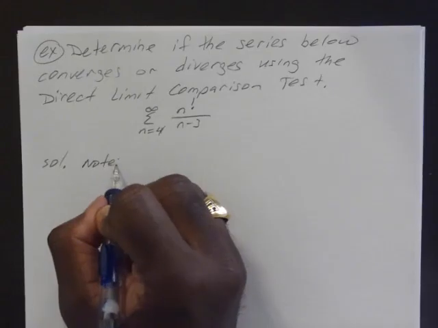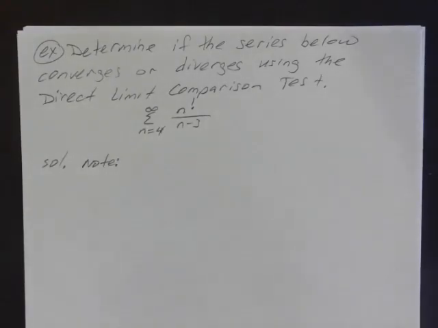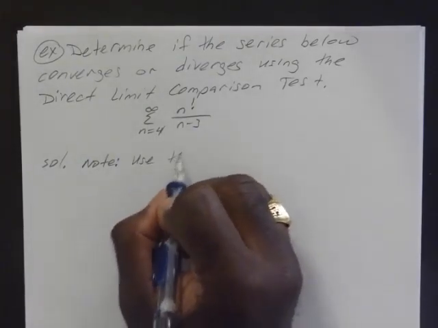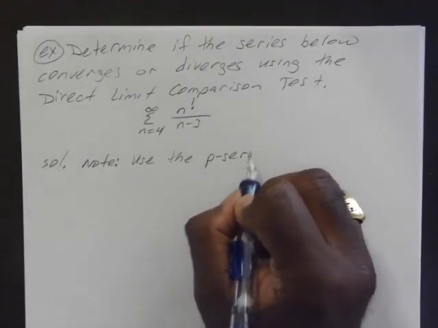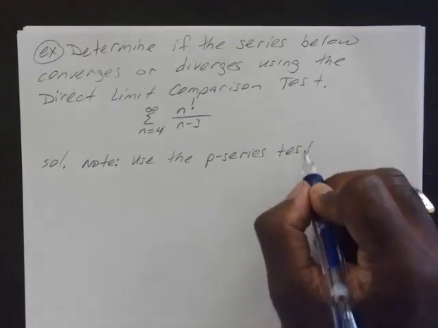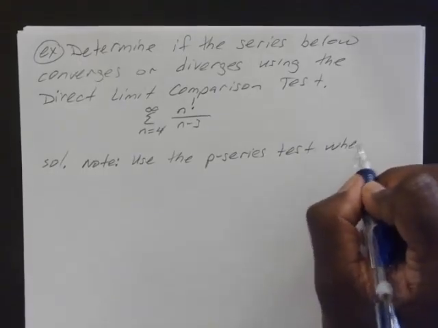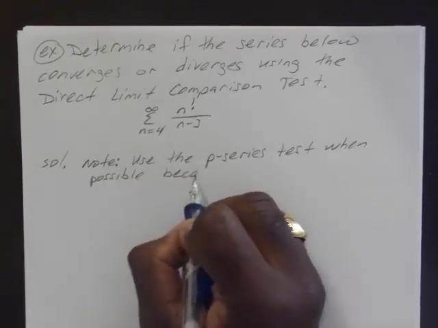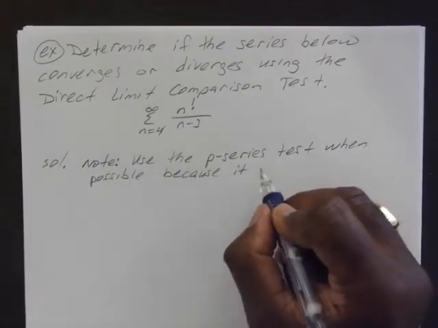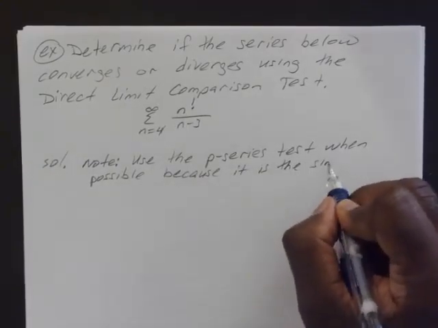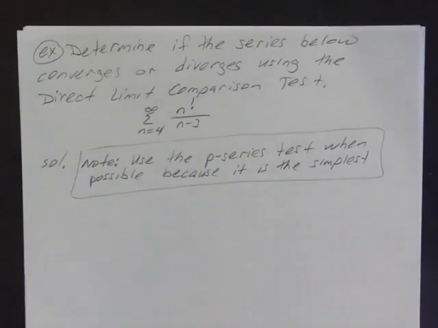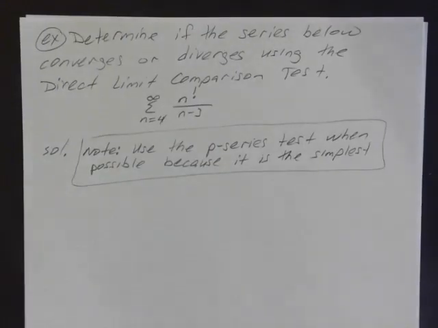And what I normally try to do is use the p-series test when possible, because it is the simplest. You're just comparing exponents. I mean, you can use whichever other one you like, but this is my personal preference.